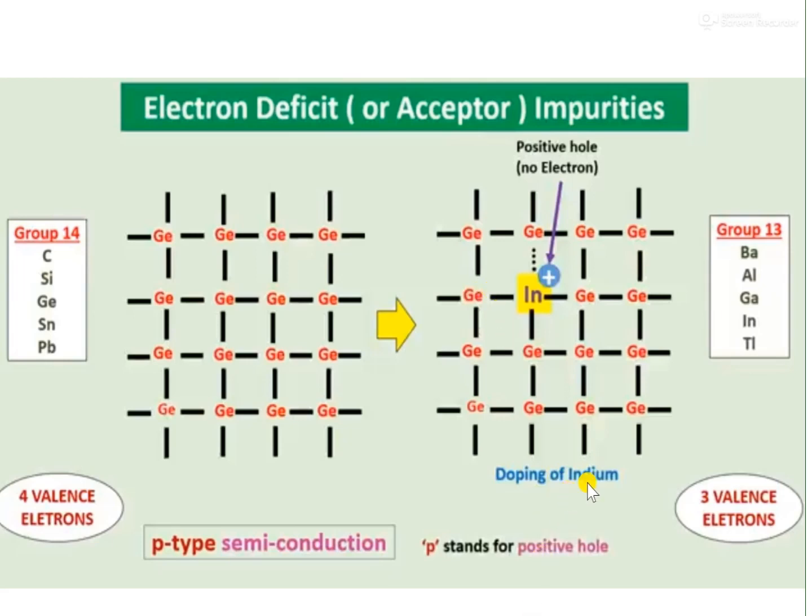So here doping of indium, an electron-deficit species. These types of semiconductors are known as p-type semiconductors, and p stands for positive hole, because here instead of one germanium we added indium, which has 3 electrons in its valence shell.